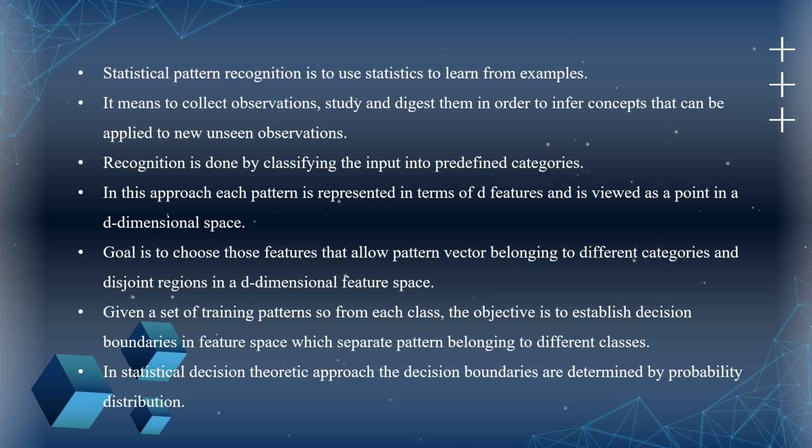For each dimension, we need at least one different feature of a particular pattern that makes it different from another pattern. Here, the goal is to choose those features that allow pattern vectors belonging to different categories to lie in disjoint regions in a d-dimensional feature space. If we are given a set of training patterns from each class, the objective is to establish a decision boundary in feature space which separates patterns belonging to different classes.